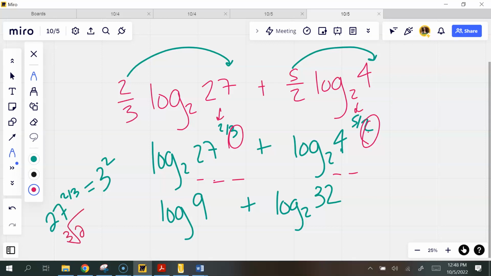Or it's the cubed root of 27 squared. After you find the root, then you do the top exponent.